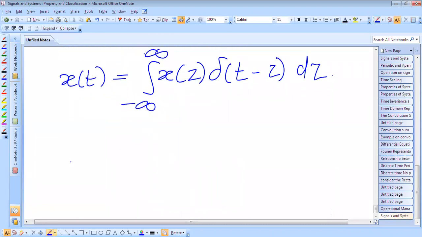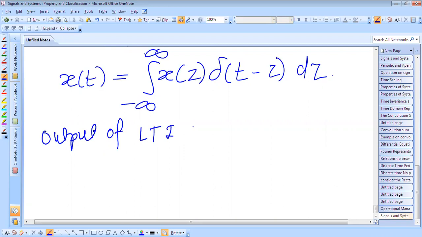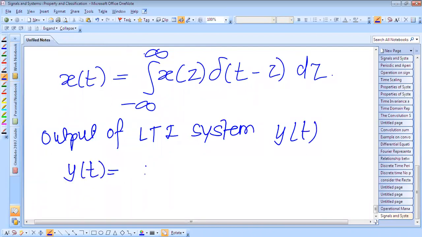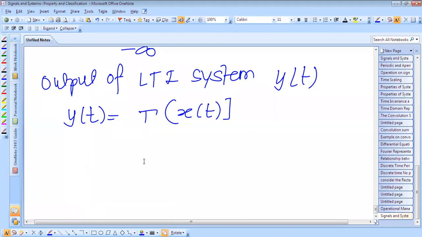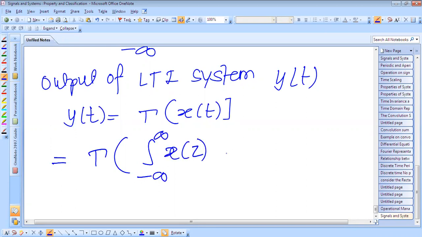So the output of the linear time invariant system, y of t, is equal to T of x of t, and therefore we can write T of, put the value of x of t, integration over minus infinity to infinity x of tau delta of t minus tau d tau.